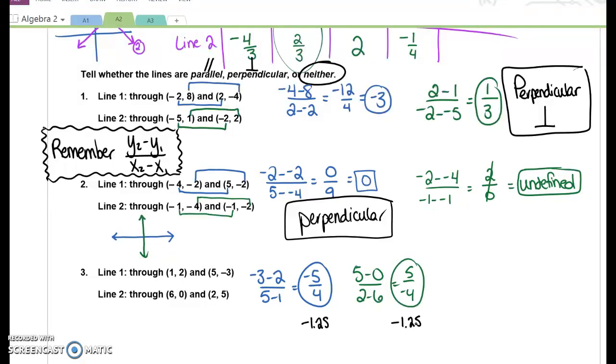Where the negative is doesn't matter. You should actually take this second slope and rewrite it as -5 over 4 because it's most correct to put the negative on the top. But no matter how you look at this, these slopes are the same, so these two lines are parallel.